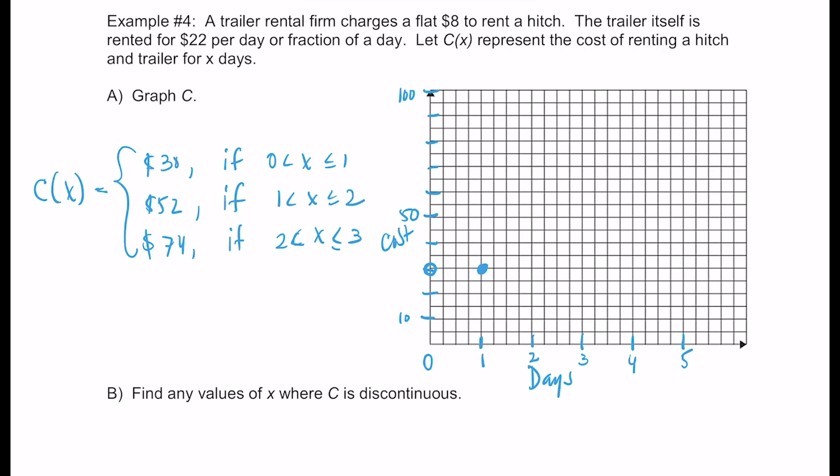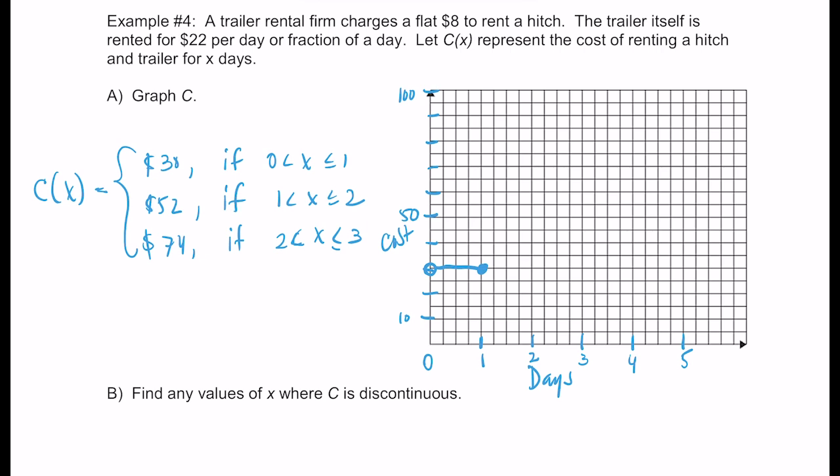That's just showing me that the cost of renting the trailer for one day, or even a fraction of that day, would be $30. For half of the day, it's still going to be $30. Obviously, if you rent it for 0 days, it's not going to cost you anything.